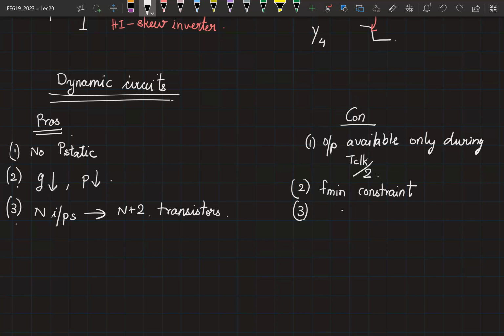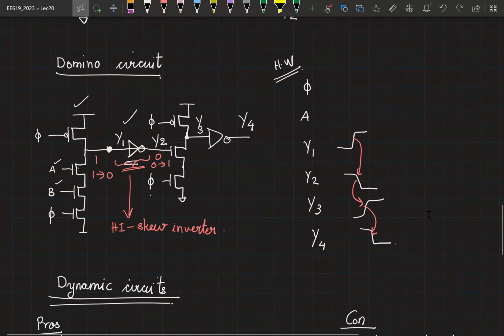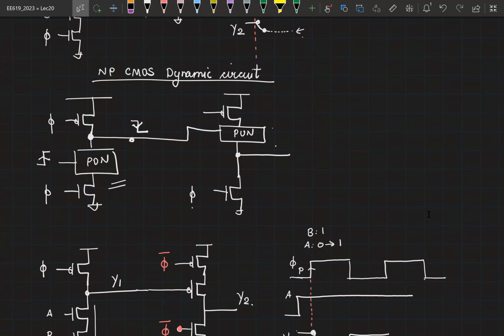Now it could be rising or falling depending on whether the logic is on the PDN or PUN side. But the major drawback is this. So you will either have to use a domino circuit methodology or an NP-CMOS methodology. Then you can cascade any number of gates.